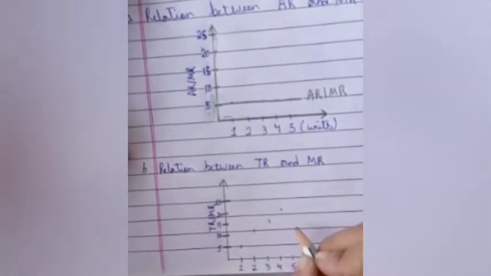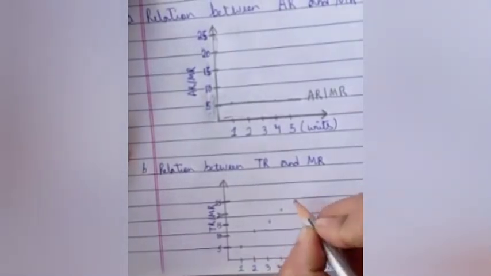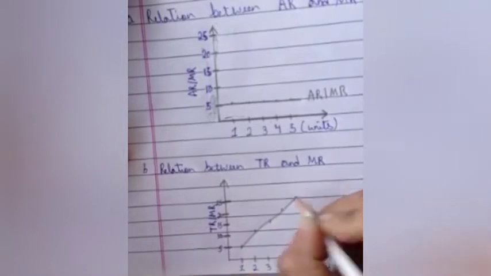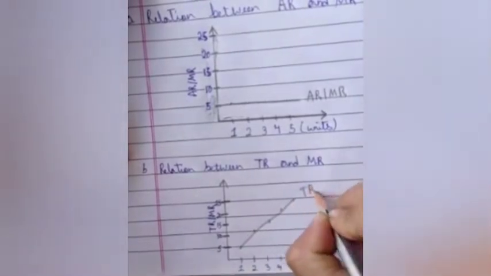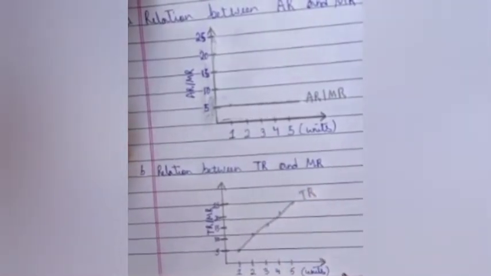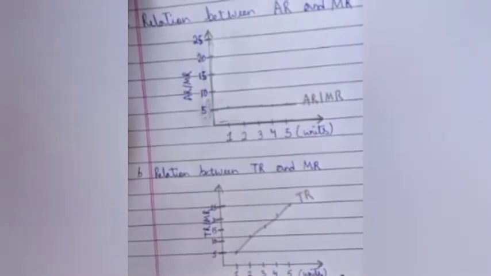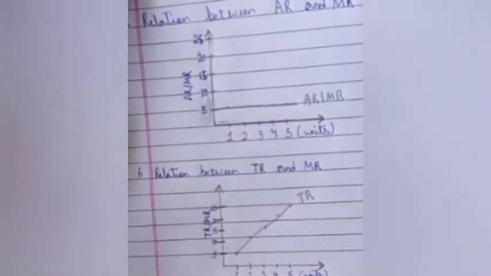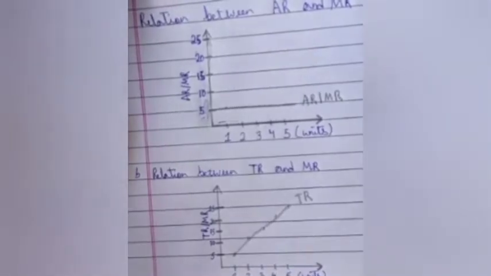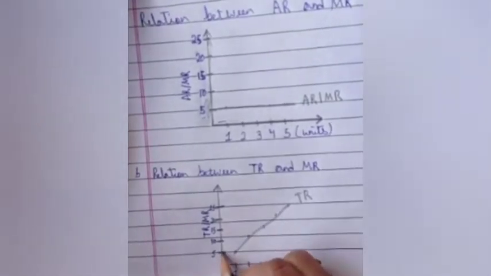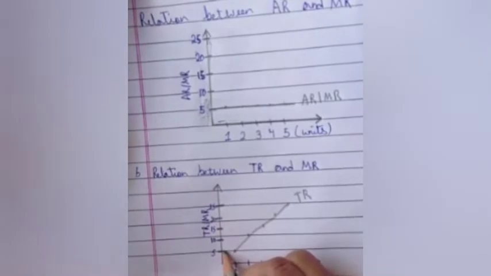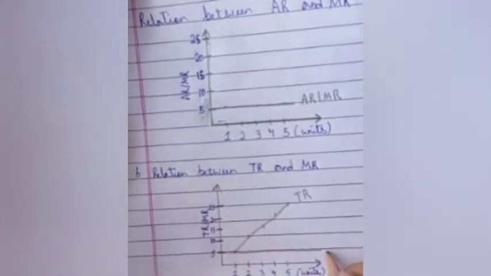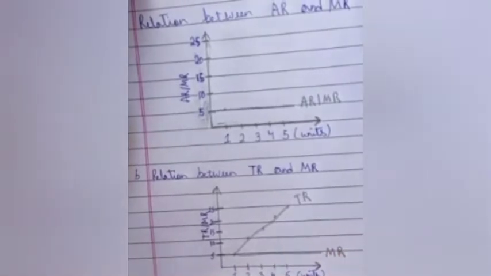And when the unit is 5, TR is 25. So this is TR. Now let us plot MR. MR in all the units, whether 1, 2, 3, 4 or even 5, is 5 only. So this will be MR. Okay, students?